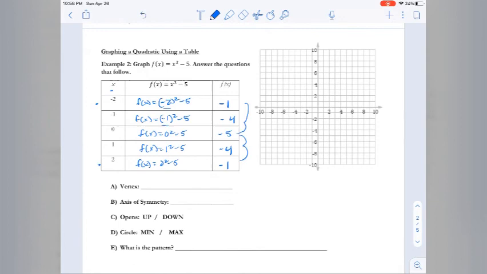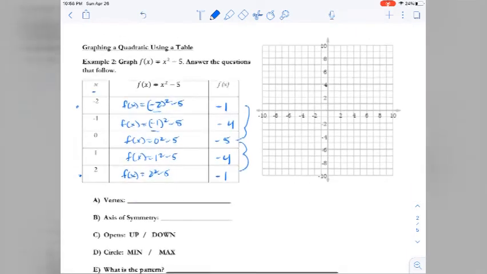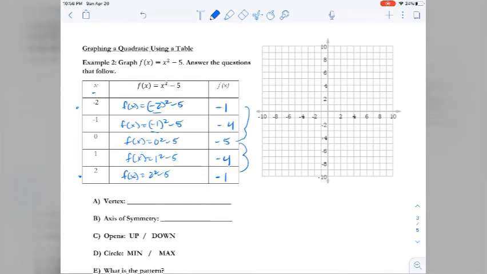So if we were to graph this, we'd come here. We have -2, -1. We have -1, -4. We have 0, -5. And then 1, -4. And then 2, -1. And we can kind of see our graph here and what it would look like.